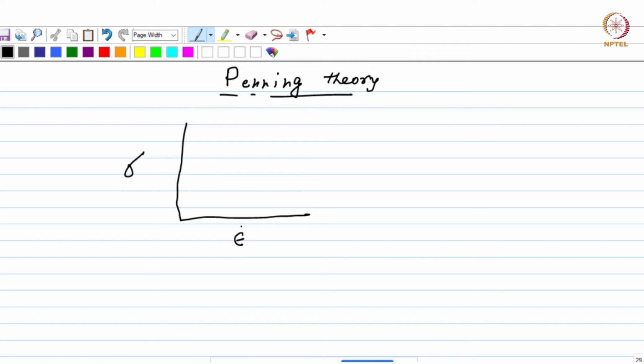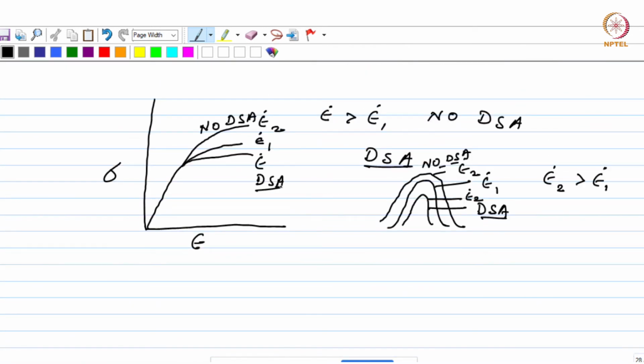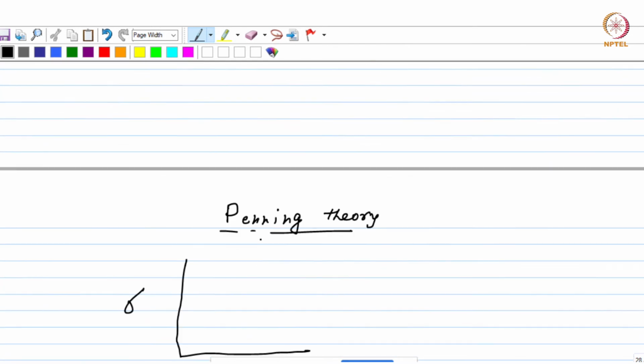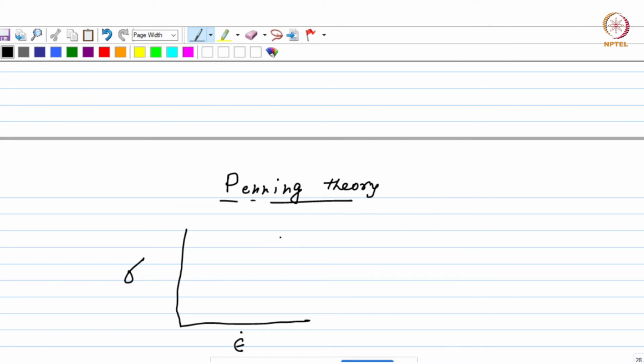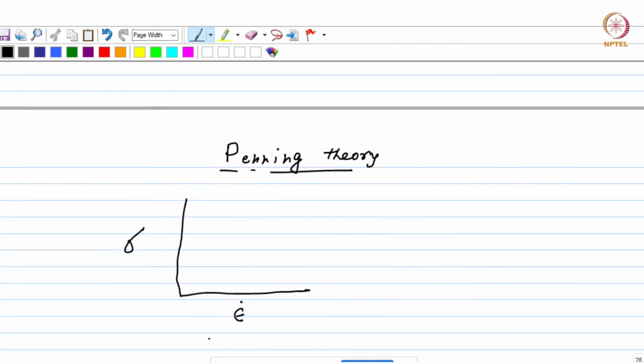Okay, so instead of plotting stress versus strain like how we generally do for the deformation behavior of materials, here in order to understand the serrated flow, we can construct a diagram like this between the stress and the strain rate. Okay. And if you do so, it might look like this.